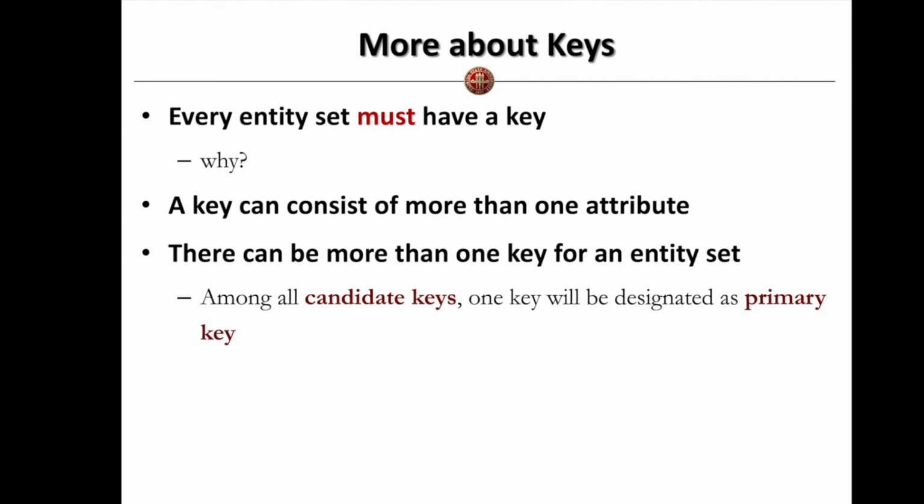So in other words, there can be more than one key for an entity set, and among all these candidate keys, one key will be designated as the primary key. Therefore, besides the constraints on the relationships, you also need to pay attention to the keys on the entities. Whenever you draw an entity, ask yourself what is the key on this entity.